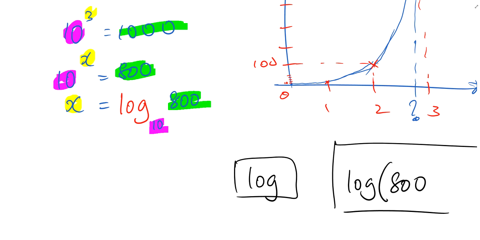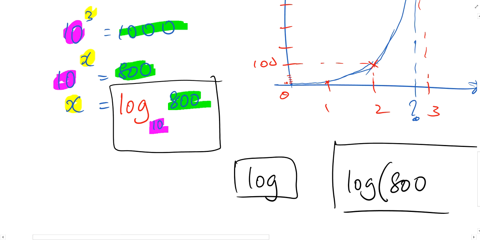Log 800. You see, I am supposed to have two pieces of information to get my value of x. Alright? What are the two pieces of information? 10 and 800. What have you keyed into your calculator? 800. Where's the 10? In the calculator, it's actually LG already. Now, this is how your calculator works. Your calculator has limitations.